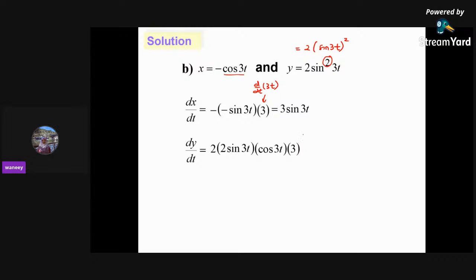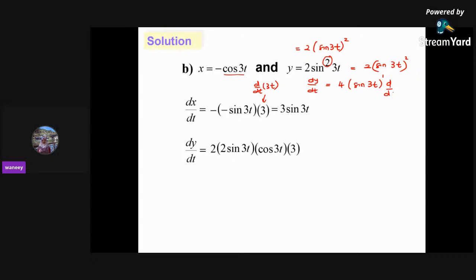Okay, just in case you couldn't see what happened, I'm going to write them very slowly over here. So this is dy over dt. This one over here is 2 sine 3t squared. So we bring the power down, so we're going to get 2 times 2, so this is 4. Copy down the function sine of 3t, but instead of 2, we are going to get 1.